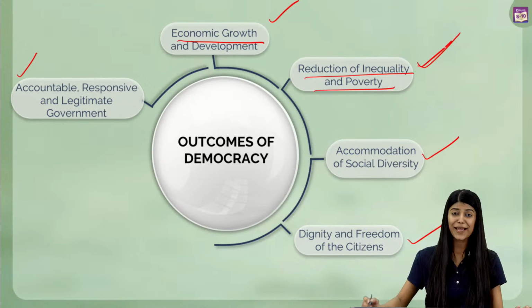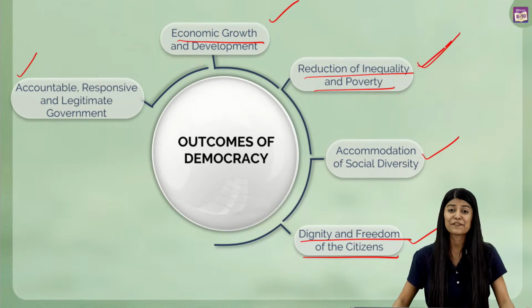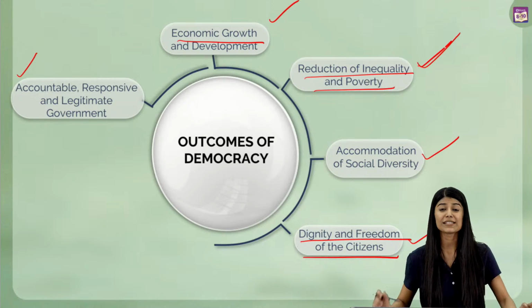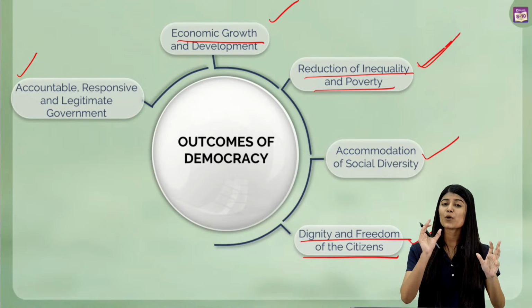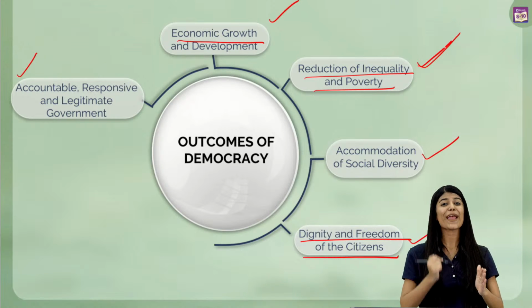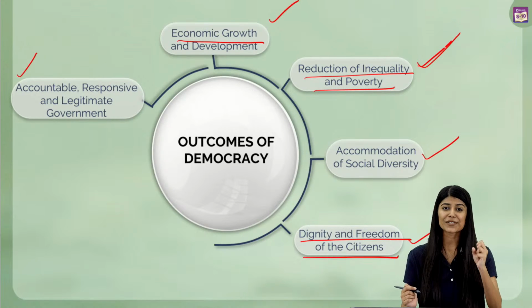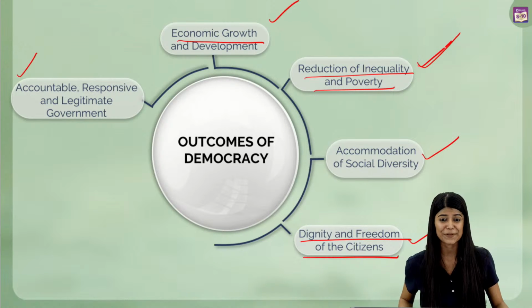And the last one that we did is dignity and freedom of the citizens. Here we had two scenarios, one of dictatorship and the other of democracy, and we realized which form of government is able to ensure the freedom and dignity of the people.